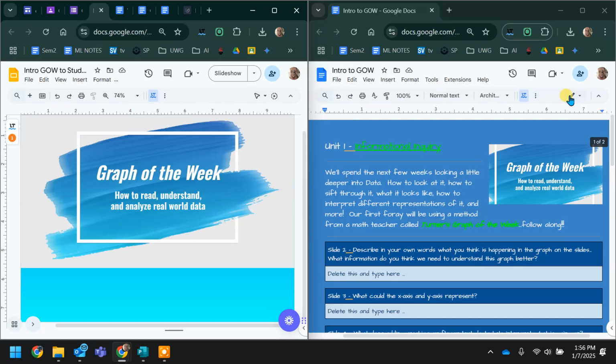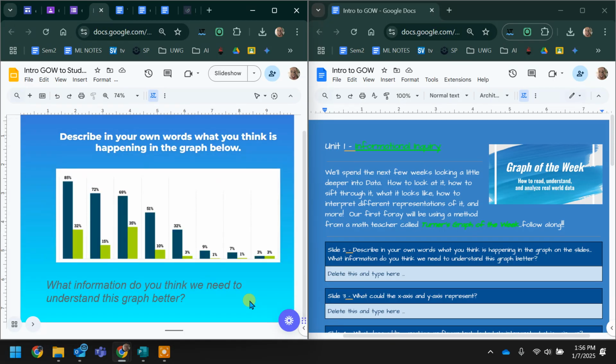So how do you analyze the data that is going on? Literally starting with graphs and thinking further than just the numbers that are there. So that's what we're going to be looking at.